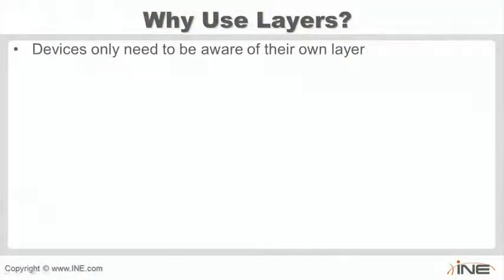Okay, so why do we want to use this in the first place? One of the key reasons is that when we look at a device in the network, like a layer 2 Ethernet switch or a layer 3 IP router, when we segment the operations into these different layers, the layer 2 switch really only needs to be aware of what the layer 2 protocols that are running are. So it doesn't need to know about IP addressing, or it doesn't need to know about web servers or HTML.